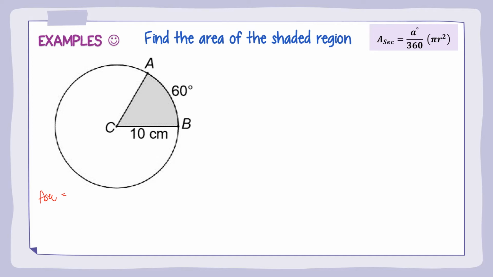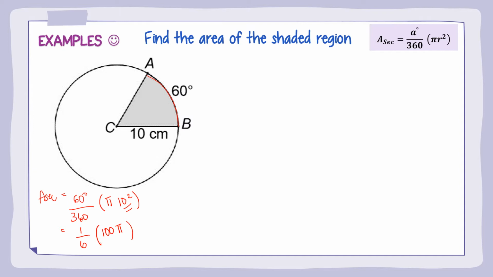The degree of the intercepted arc is 60 degrees divided by 360 times pi. Our r is 10. So we have 10 squared. So this is 1 over 6, lowest term of 60 over 360, times 100 pi. 100 is 10 squared.